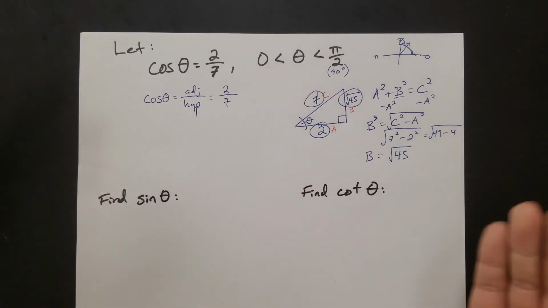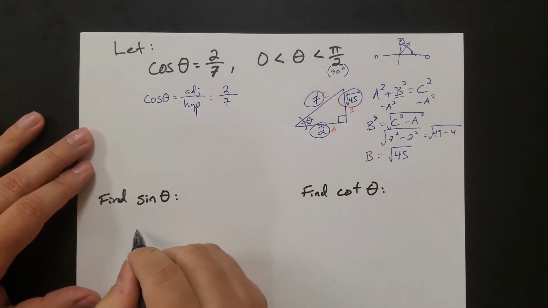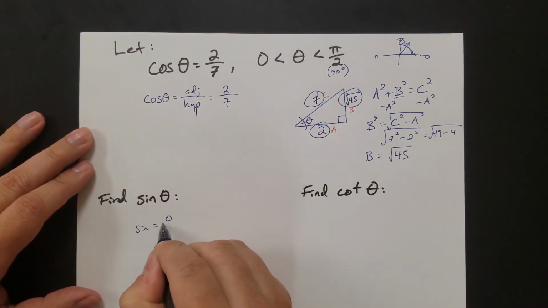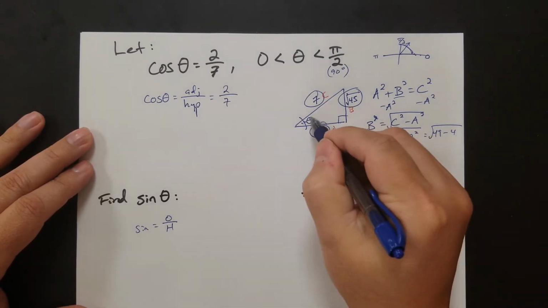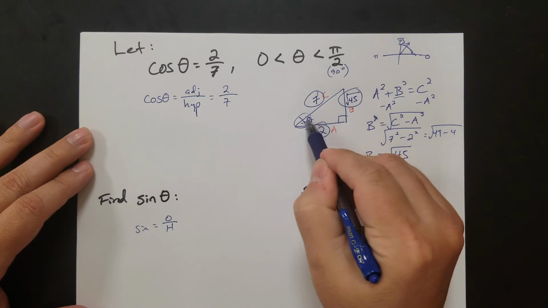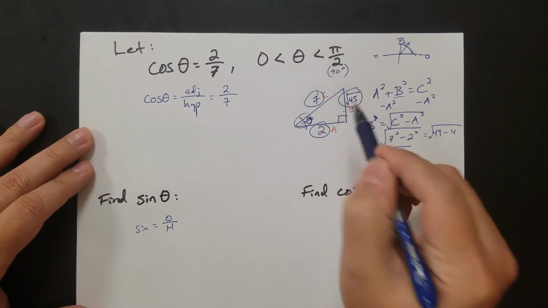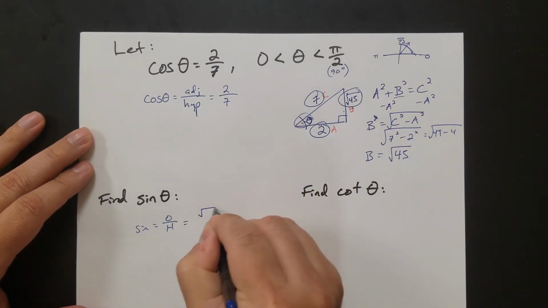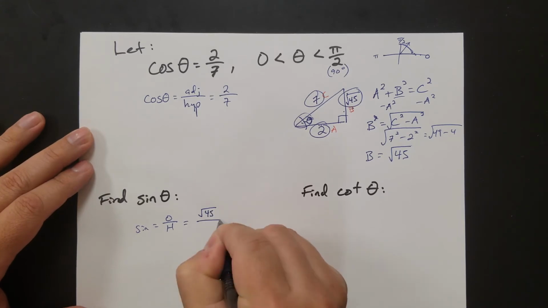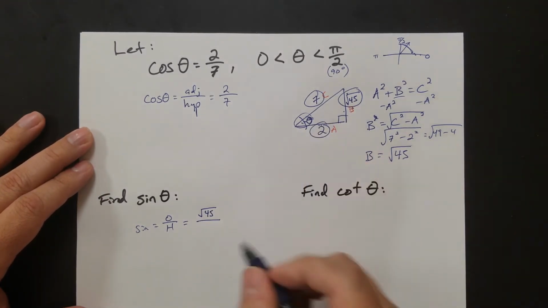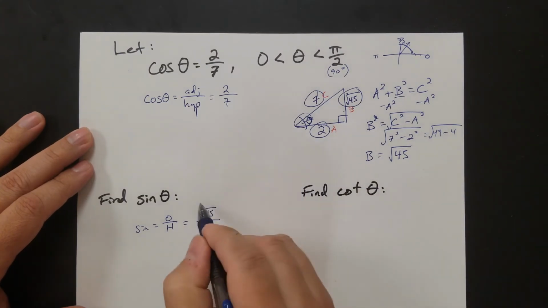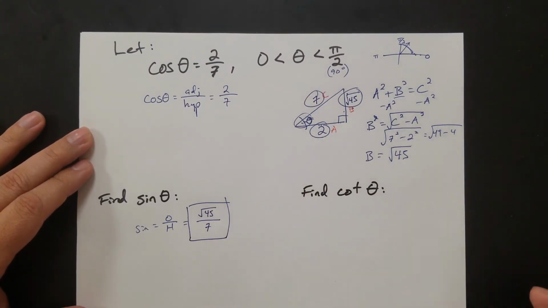Sine theta. What's sine? Sine is opposite over hypotenuse. So here's theta. What's opposite? Opposite is the side I just found, so square root of 45. So that's root 45 over hypotenuse. I said the hypotenuse is 7. Square root of 45 over 7, that's sine. How about cotangent?